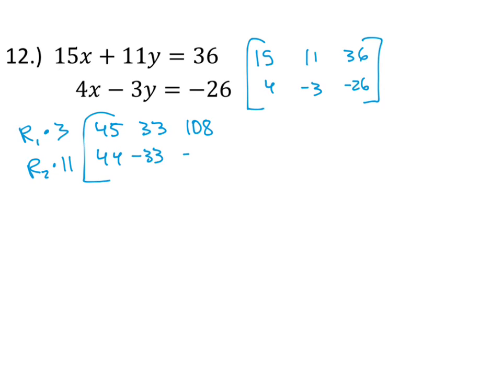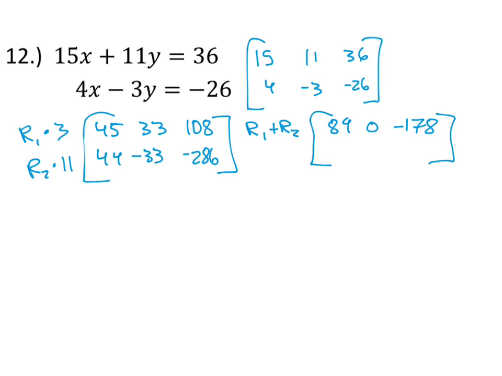Negative 26 times 11 is negative 286. So now that I've done that, I can do row 1 plus row 2. When I do that, it gives me 89, 0, and negative 178.